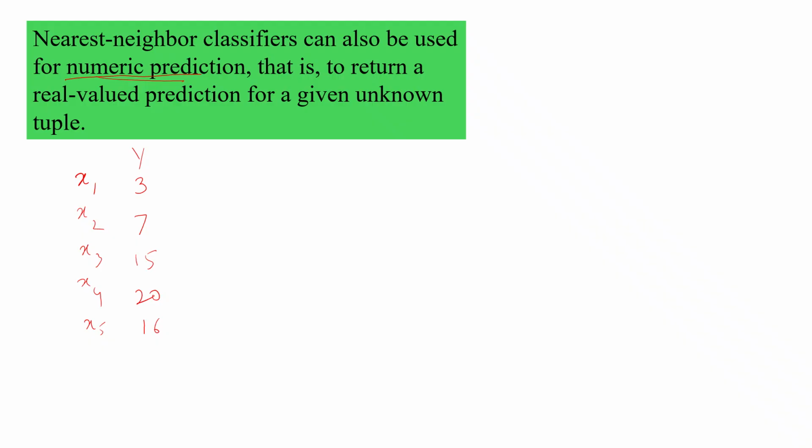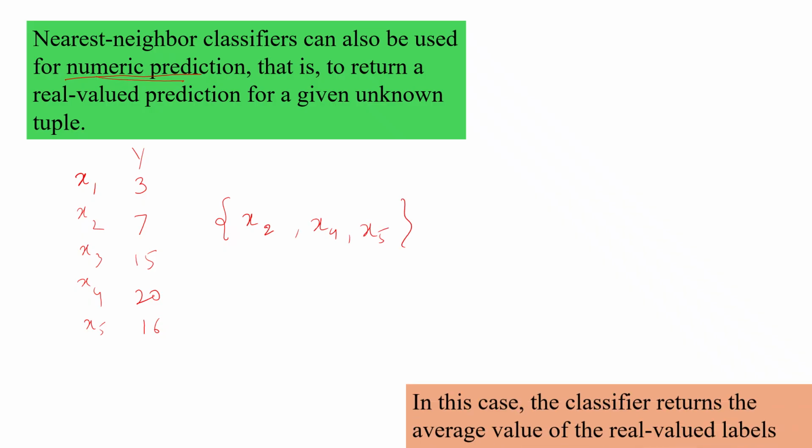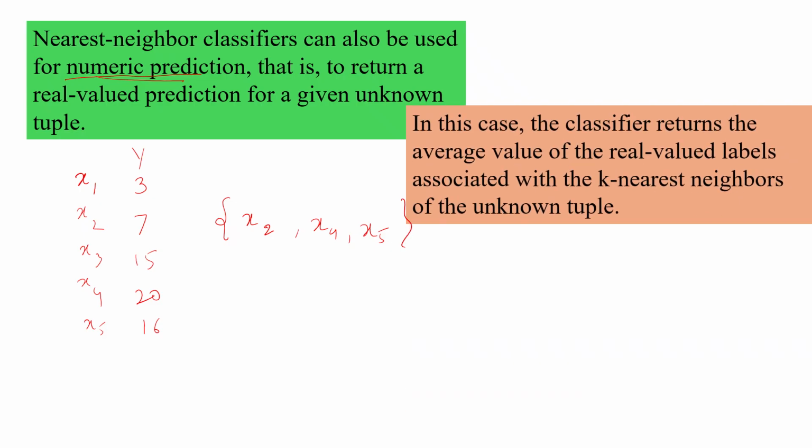And we say that the KNN for a tuple is x2, x4, x5. So what will this KNN algorithm do? It will give the average value of the labels. For x2, x4, x5, we have 7, 20 and 16, so this is 43 divided by 3. The average of these values would be given.